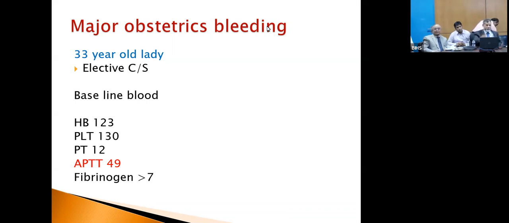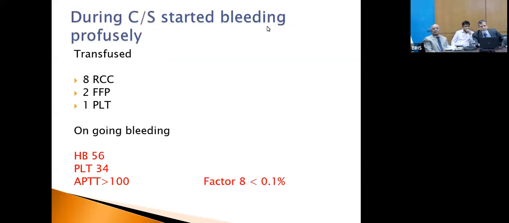Quite often we repeat it and you see it becomes normal. But in this case, she started to bleed profusely and they started to give components: red cell, 8 units, FFP, 1 pool of platelets. Hemoglobin got better, but APTT is now more prolonged. The factor 8 is less than 0.1.